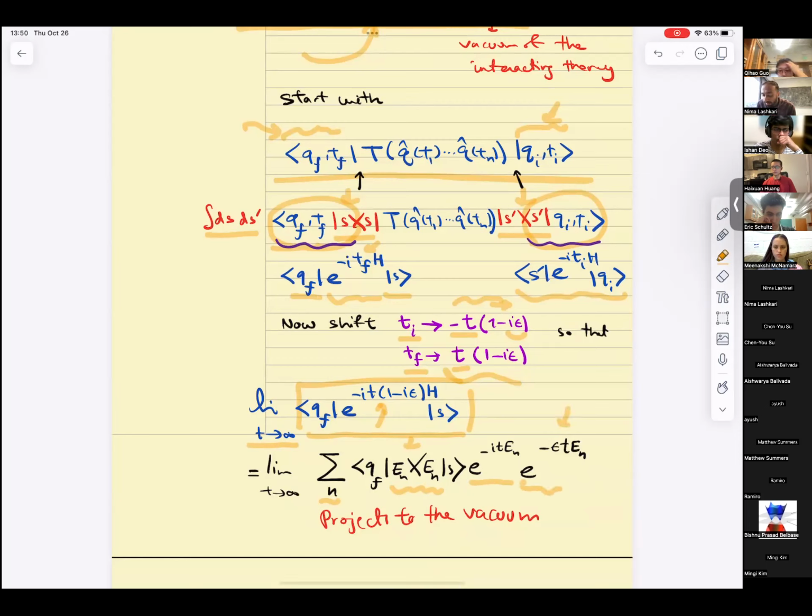And because I added an imaginary piece, i epsilon, I get e to the minus epsilon T E_n. If I take the T going to infinity limit, this term suppresses all states that have non-zero energies. So energy is positive, and the vacuum is a unique state with zero energy. So this limit projects you to the vacuum.